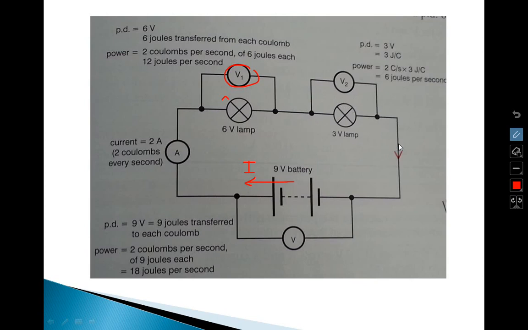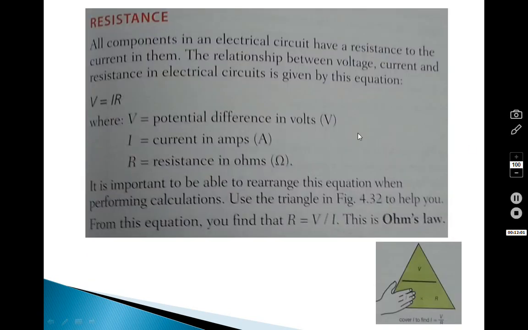So there is a resistance to the current in this circuit. There is a relation between three main things in the circuit: current I, voltage V, and resistance R.